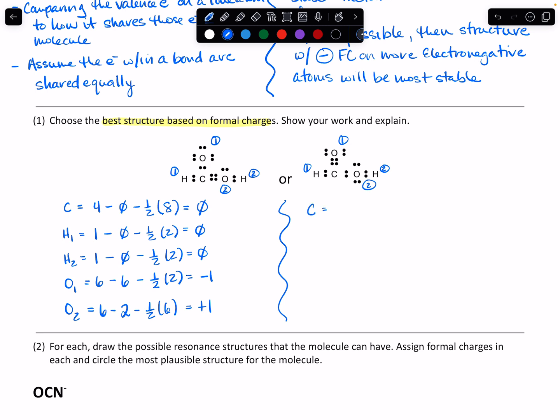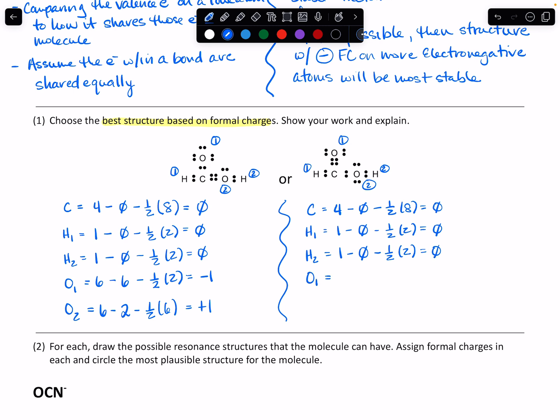I start with my carbon, 4 valence electrons, no lone pairs, 1/2 of the 8 electrons in bonds, so a formal charge of 0. H1, 1 valence electron, no lone pairs, and 1/2 of those 2 electrons, so formal charge of 0. H2, 1 valence electron, 0 lone pairs, 1/2 of those 2 electrons in the bond, formal charge of 0.